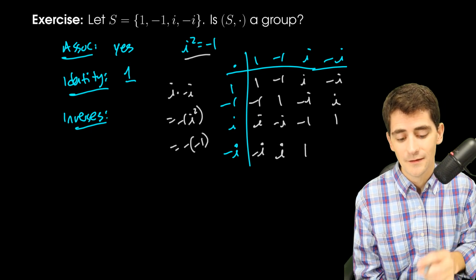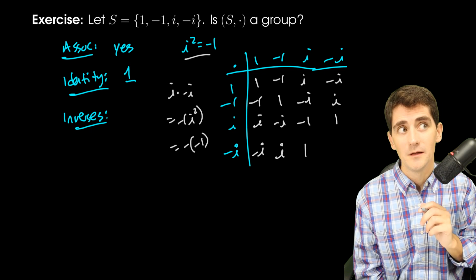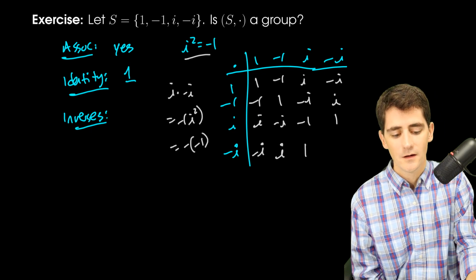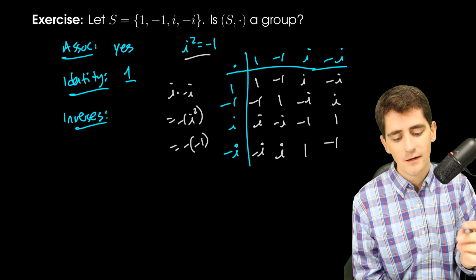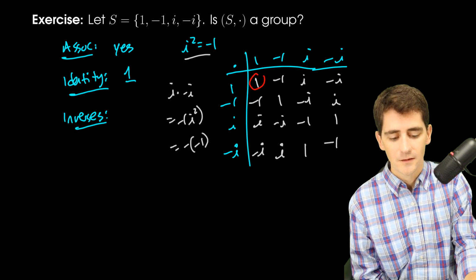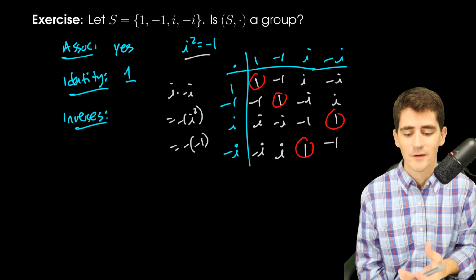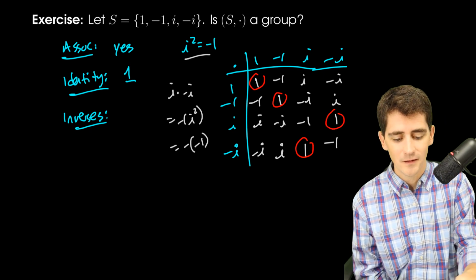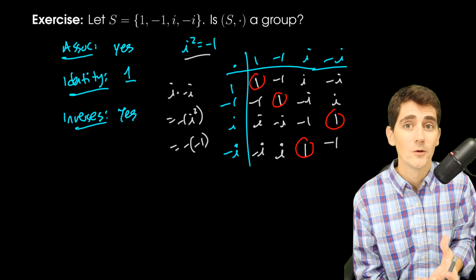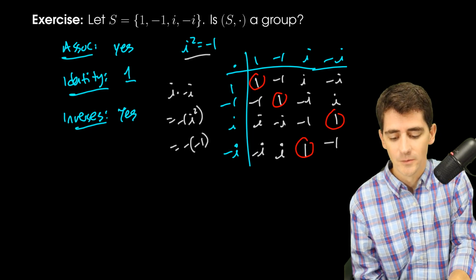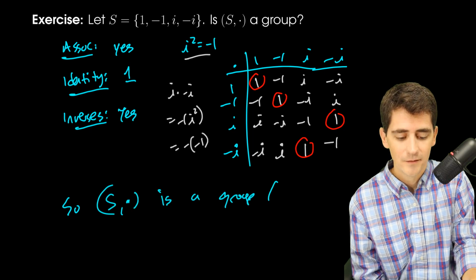And then lastly, negative i times negative i would be positive i squared, which gives me negative 1. So here's my Cayley table. And you may have noticed already that each row and column has a 1 in it. So everything has an inverse. We do have inverses. Is this a group? Yes, this is a group. And in fact, it's an abelian group.